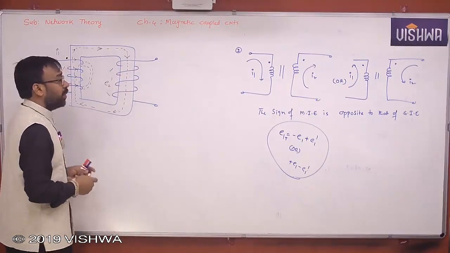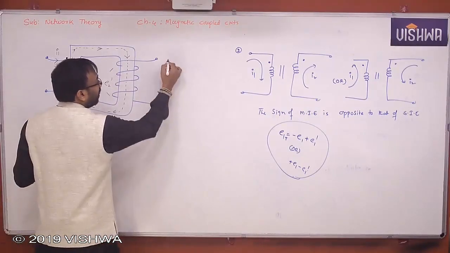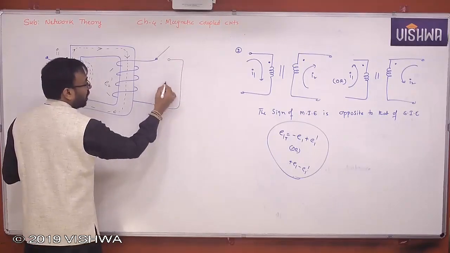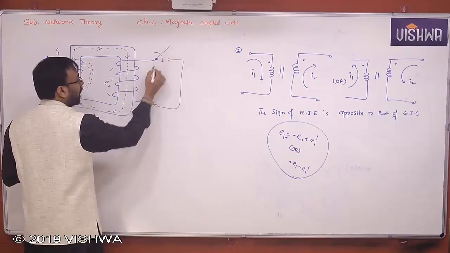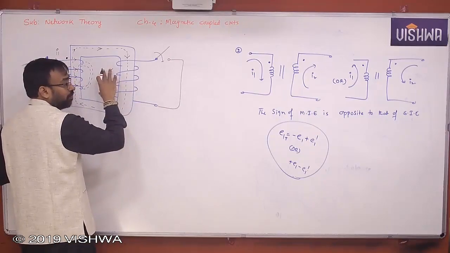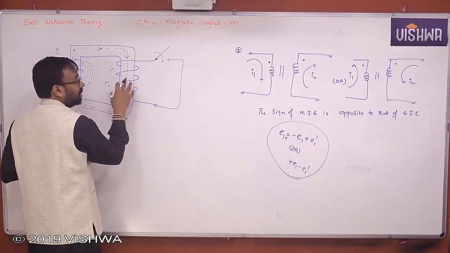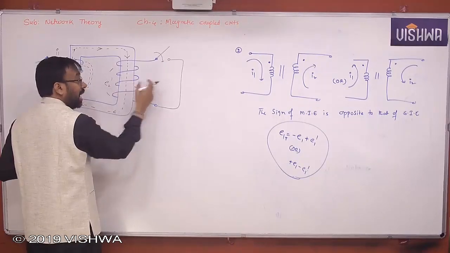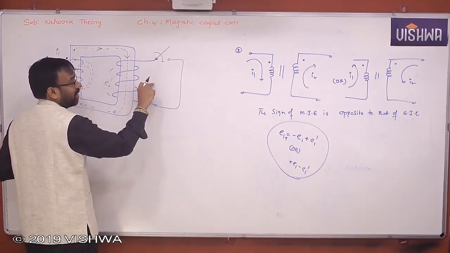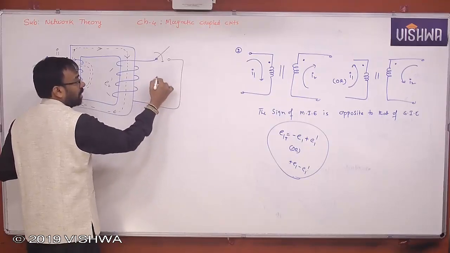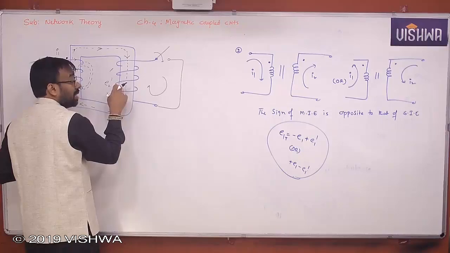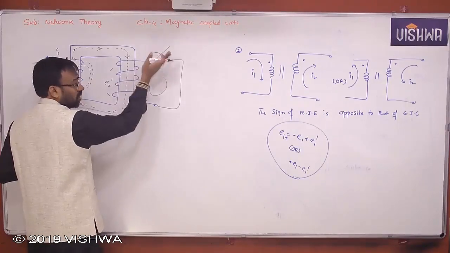But for that, what I do is I deliberately close the switch here to make some current flow, because already some EMF is available here. If you can generate the flux in this particular coil by sending the current internally, by closing the switch, some current flows here. Because of this current, there is some amount of flux produced by this particular coil when you close the switch.